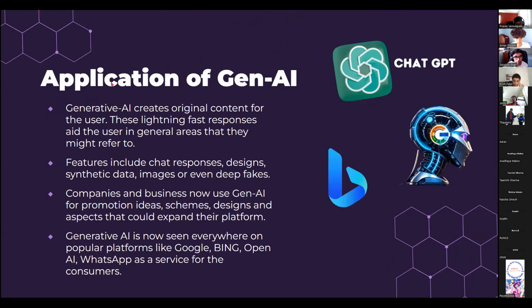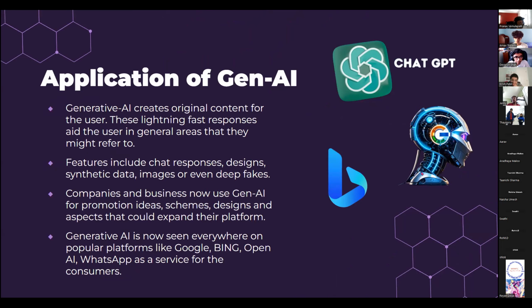Okay, so applications of generative AI. So Gen AI creates original content for the user, and it has lightning fast responses and aids the user in general areas that they might refer to. So we have these platforms like ChatGPT, Bing AI, Bard on Google.